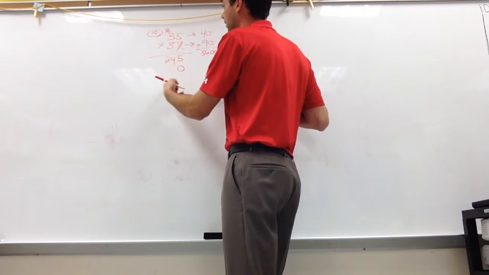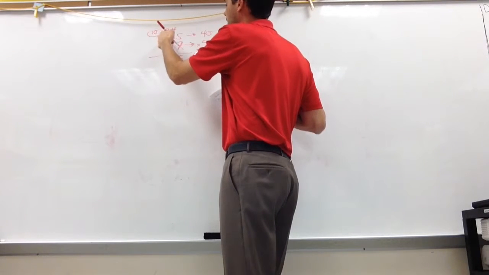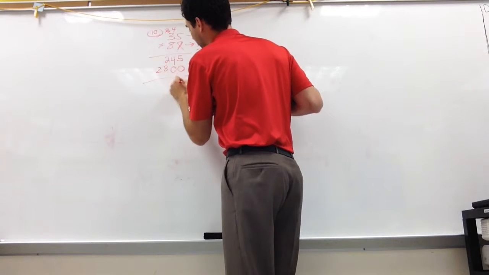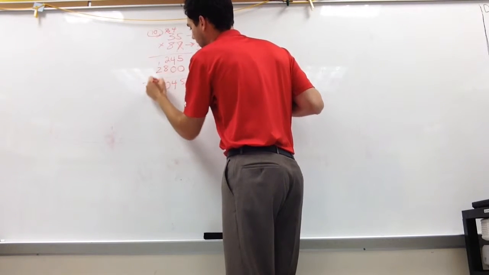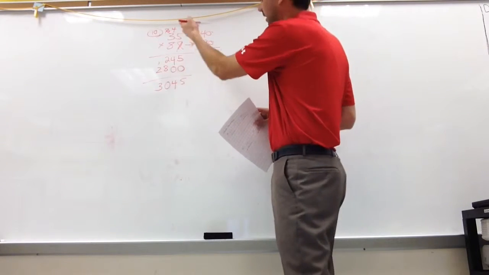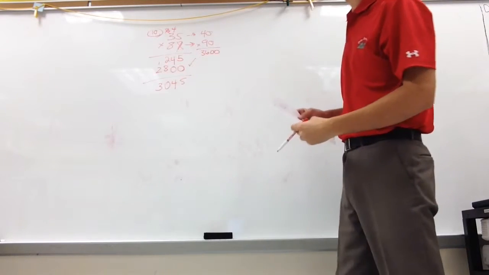Then I can go back and do the math. 8 times 5 is 40, carry the 4. 8 times 3 is 24, plus 4 is 28. Okay. Since I rounded up, I know my estimation is going to be a little bit larger than the actual answer, so that checks out.